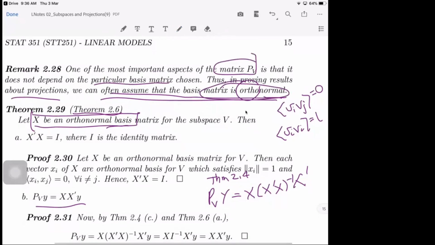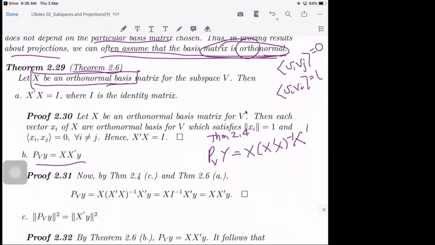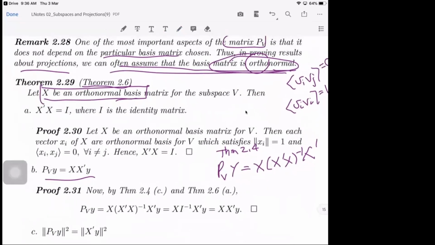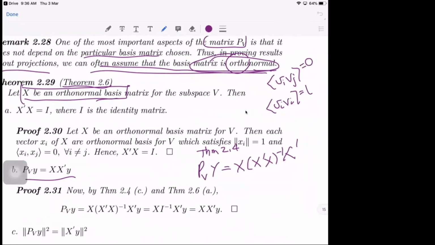So if that is satisfied, our X prime X here will just be equal to the identity matrix. The projection will be simplified as X X prime Y, because this will be identity, and the inverse of that is still the identity. So X identity X prime will be equal to X X prime. Okay.